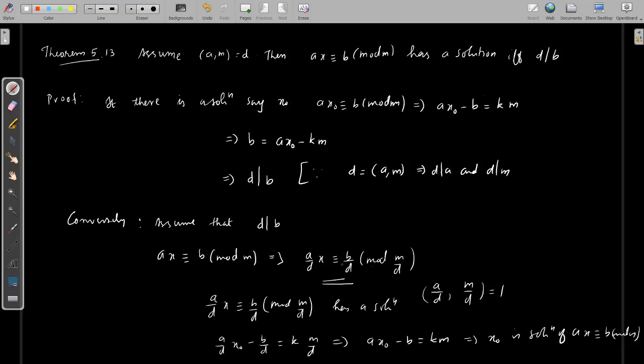Then we can assert that there is a solution using the previous theorem. Then using that solution, you can get the solution of the given linear congruence. In fact, this is exactly the same solution for this Ax congruent to B mod M.